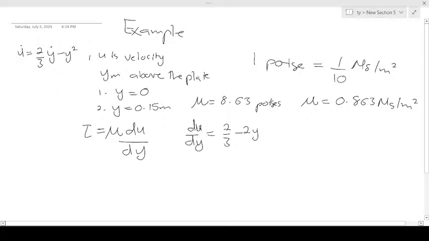2 over 3 minus 2y. And so the question first asks us to find the value of this shear stress at y equals 0.